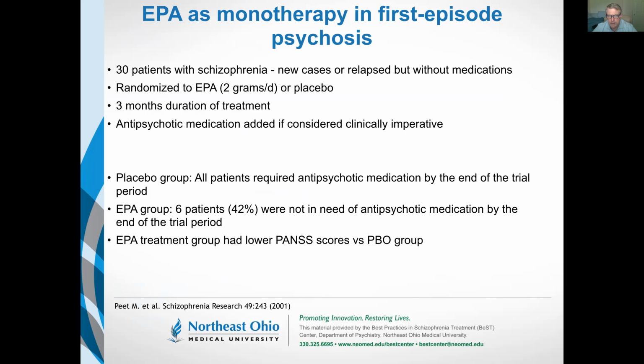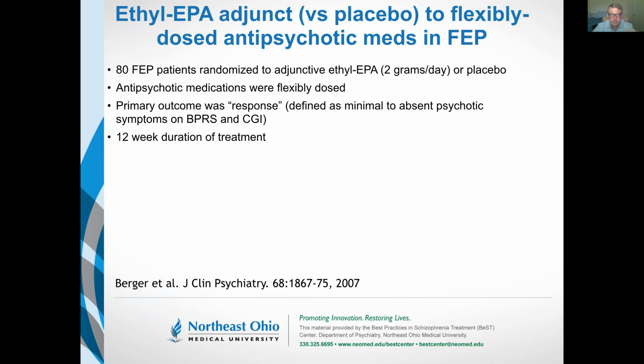Many of the individuals were able to be successful off of medication and maintained only on EPA. This brought down the average medication dose in the EPA treatment group, and despite on average a lower antipsychotic dose, the EPA treatment group had lower PANSS scores than the placebo group.